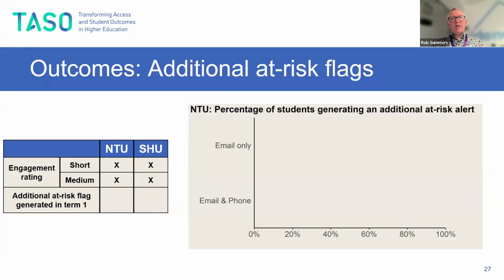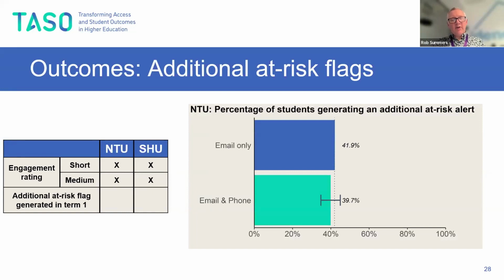Okay, our next main outcome was looking at additional at-risk flags generated by students. So a similar graph to the engagement ones, but now on the x-axis, the percentage of students who generated another at-risk flag.